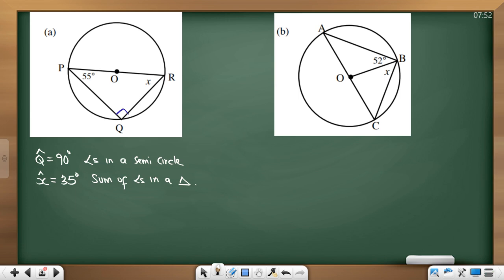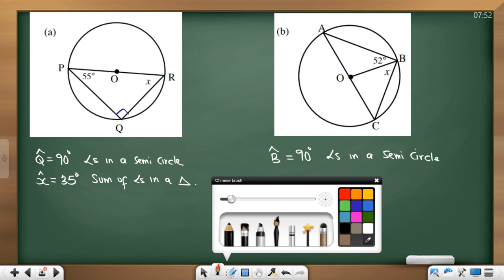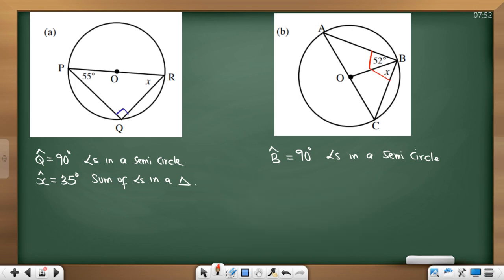I'm looking at B now. Oh, again, I see AC as a diameter. Therefore, angle B is equal to, you need to write this all the time, 90 degrees. Angles in a semicircle. Oh, beautiful. And to make things clear, you can also put that 90 there. So 52 plus X. Oh, sweet.